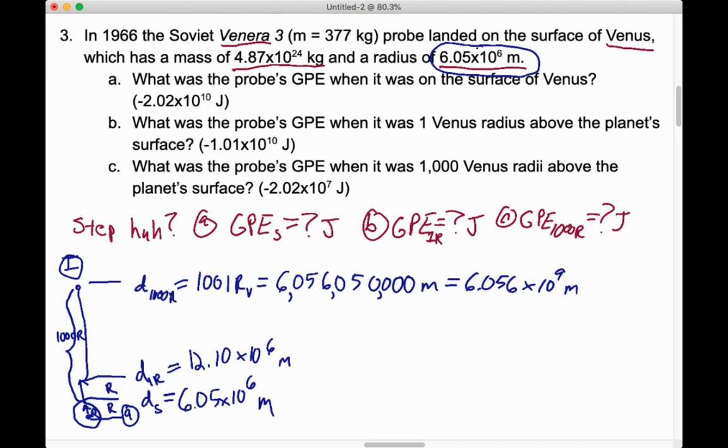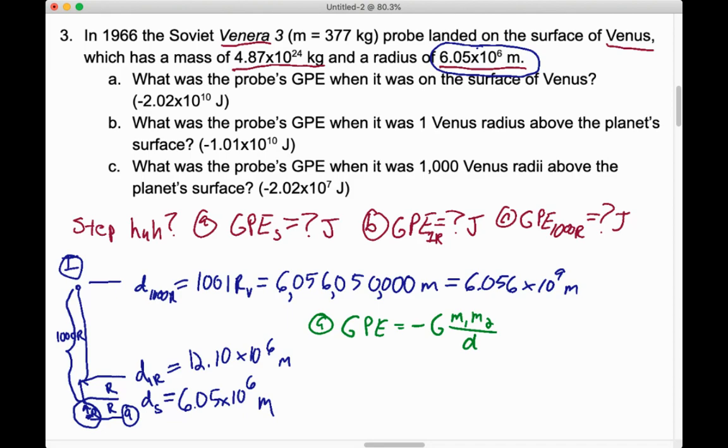So I'll do just part A, and then I'll just leave it be. There's no reason to make this video too long. But yeah, part A, what's your formula for GPE? So look down at the footer. GPE is equal to minus big G times mass 1 times mass 2 over the distance between them.